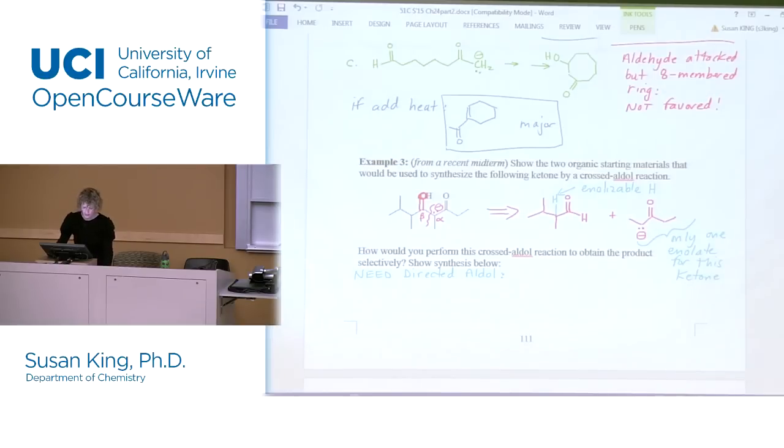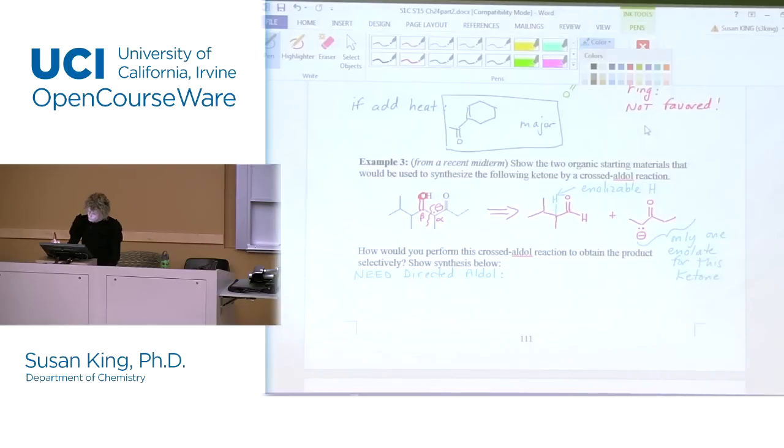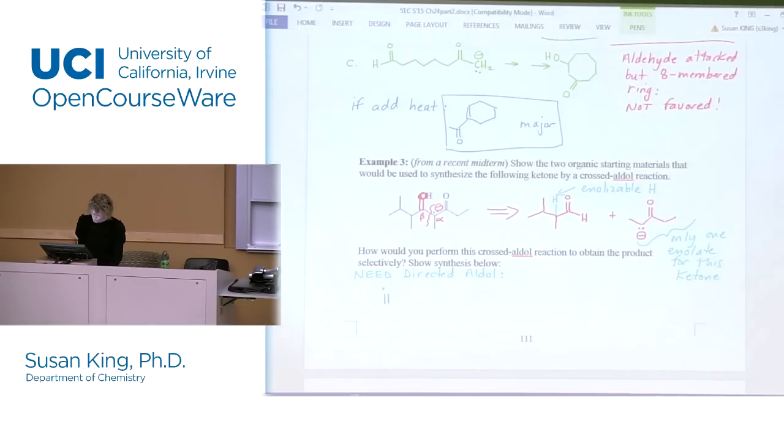Then we're going to add the other compound. So you're going to have to make that decision. Do I need a directed aldol, or do I need to just use this classic aldol where you just throw everything together?